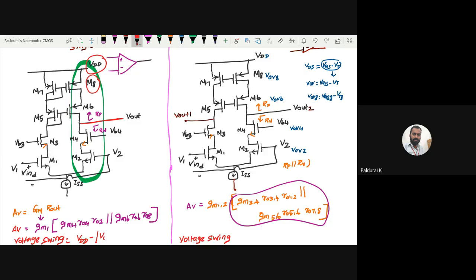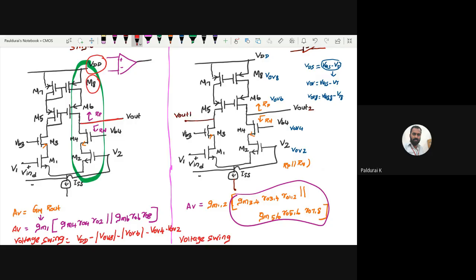So it is the overdrive voltage of 8 minus the overdrive voltage of 6. 6 and 8 are PMOS, so you take the magnitude, whereas 2 and 4 are NMOS, so straight away you can take the value. It is overdrive voltage of 4 minus overdrive voltage of 2, right? So now this is the voltage swing.